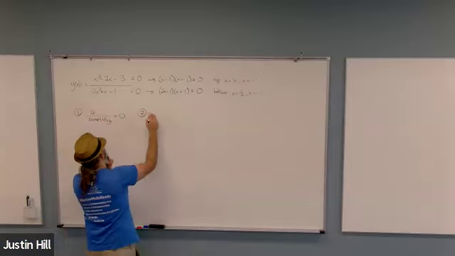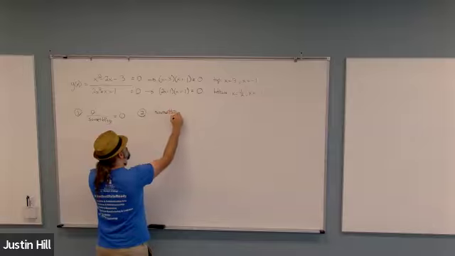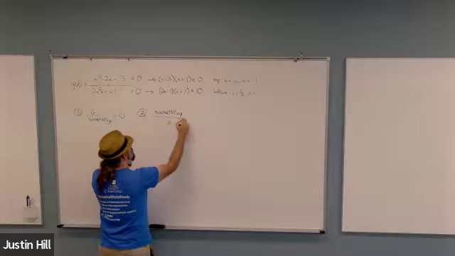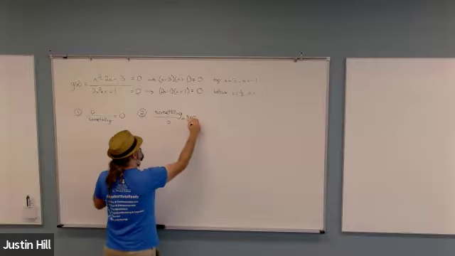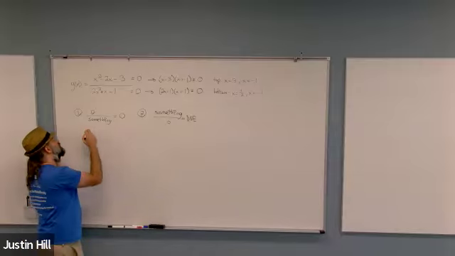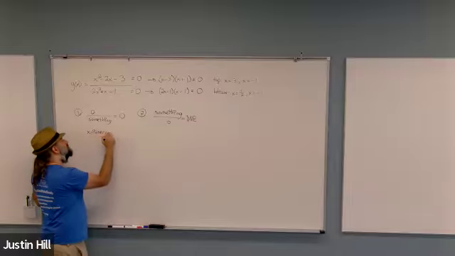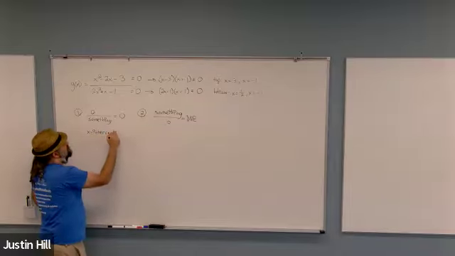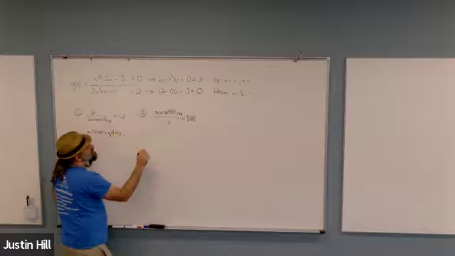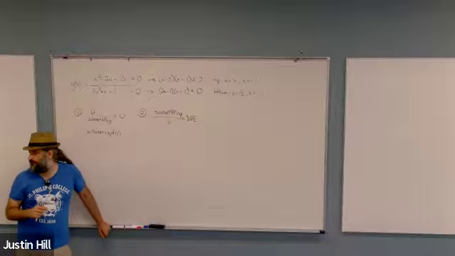There was a second thing we considered: if we have something divided by zero, that's an impossible calculation, it does not exist. So this gives us x-intercepts. But where it does not exist, what does that give us about the graph?